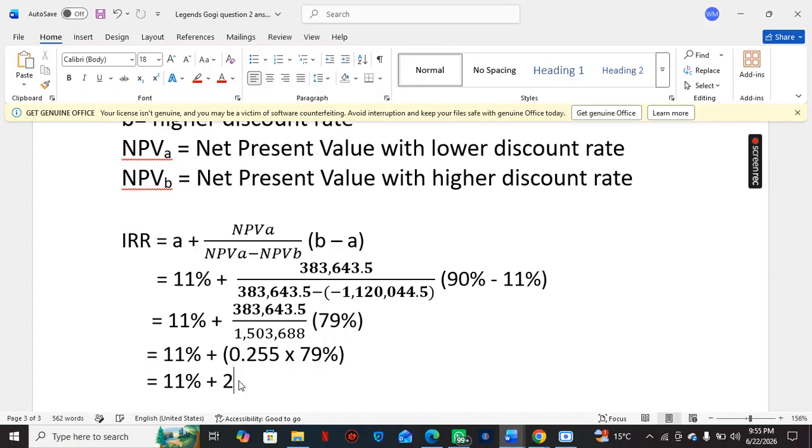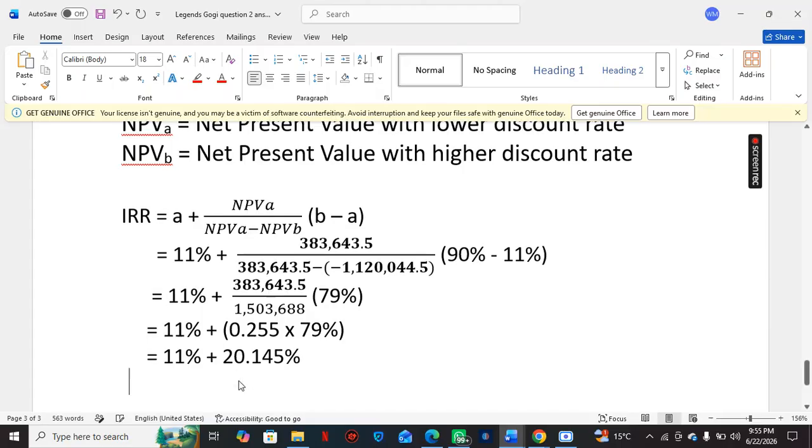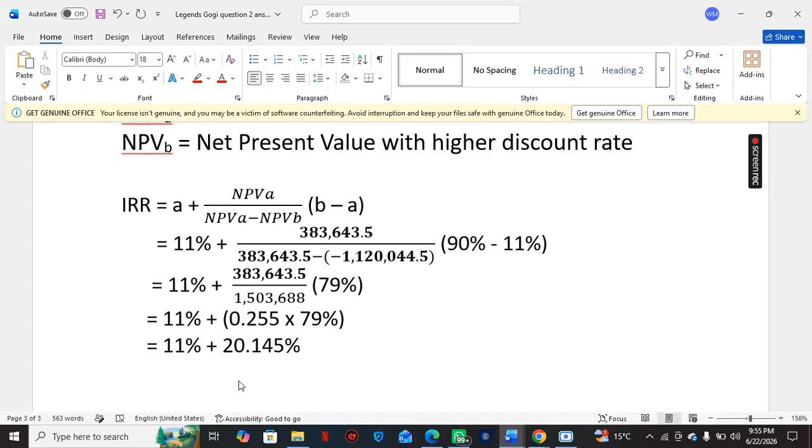Are we getting 20.145? Then 20.145 plus 11, 31.145.